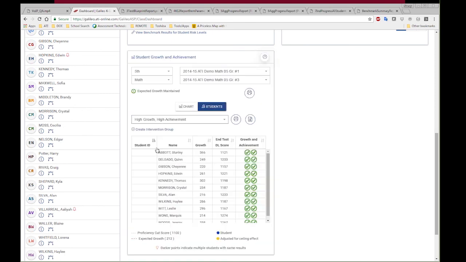By the same token, you can switch to your high growth, high achievement group and keep these students engaged. Don't want your rock stars to become bored in your class. You want to keep them engaged and learning and growing.